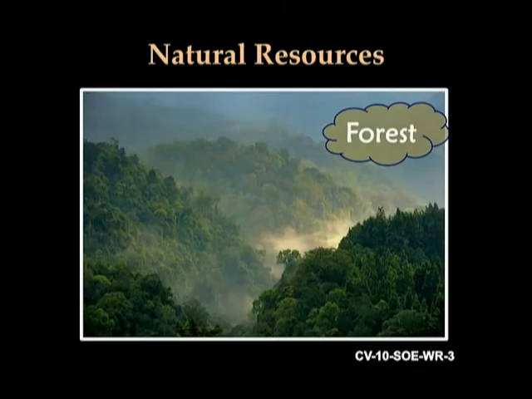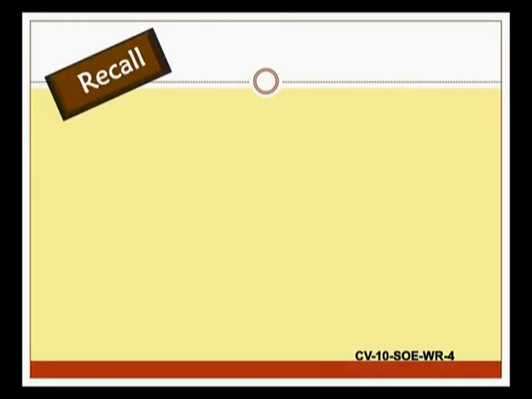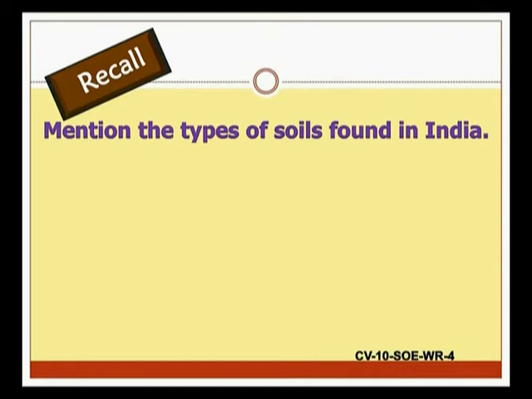Dear children, in the previous capsules, we learnt about the soils, forests, and their types and distribution in India. Let us go through a recall before we proceed to the chapter on water resources. Here is the first question for you. Mention the types of soil in India.